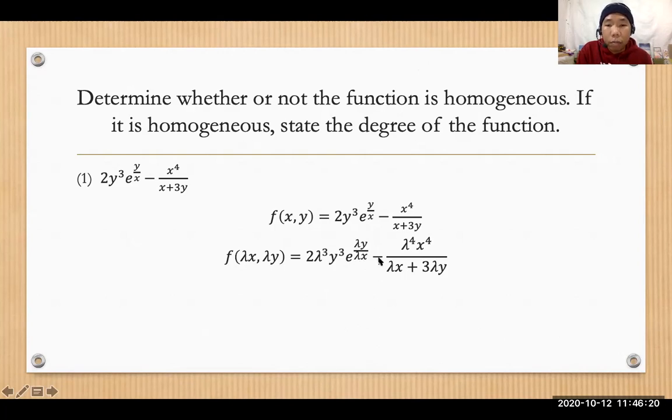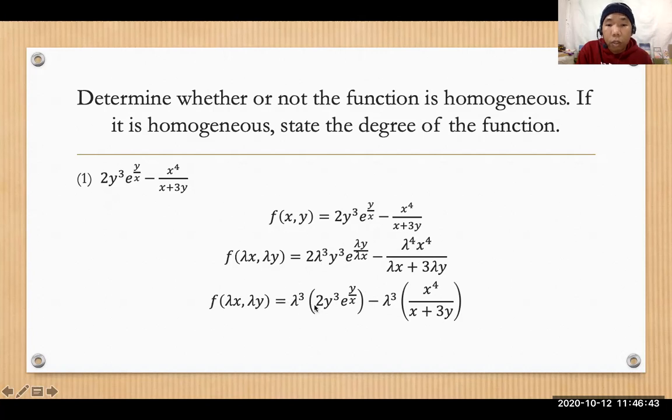For the second term, you have lambda raised to 4 times x raised to 4 in its denominator, so you can see lambda and lambda here. So you can factor out lambda, giving us this term, which is factoring out lambda cubed in the first term.